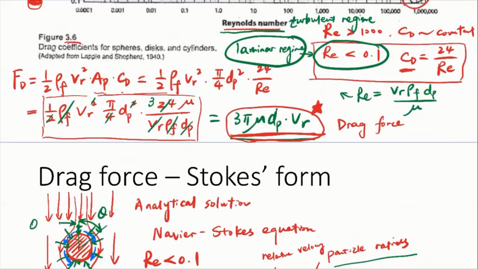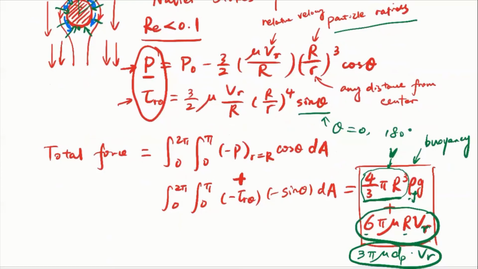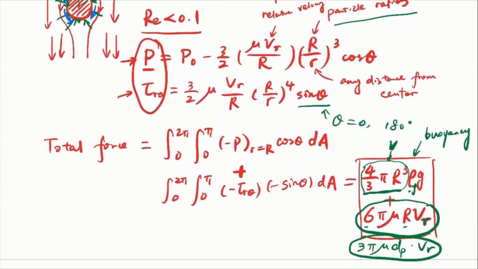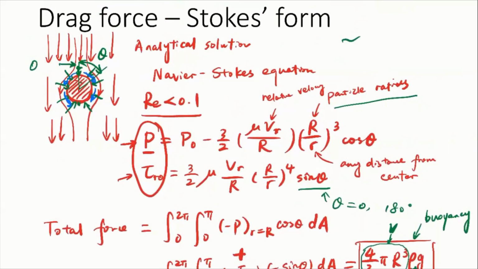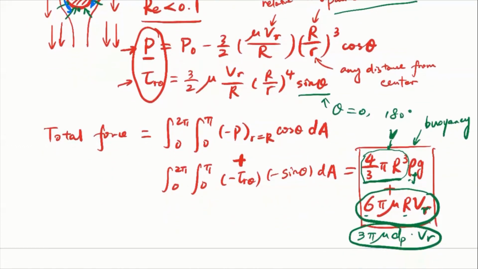This is exactly Newton's form, right? So basically, this analytical method was done around the year 1890, when people were already quite familiar with calculus, differential equations, and integration. You can see that we get exactly the same form of the drag force, 3 pi mu dp multiplied by Vr.